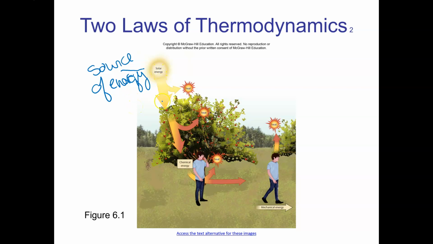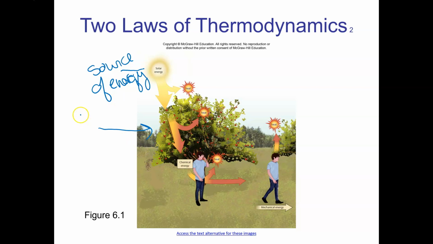Solar energy comes in, and we have photosynthetic organisms like plants, which you're seeing here, but we also have bacteria and algae that are photosynthesizers. These take the solar energy, one form of energy, and convert it to another form of energy in the form of carbohydrates.